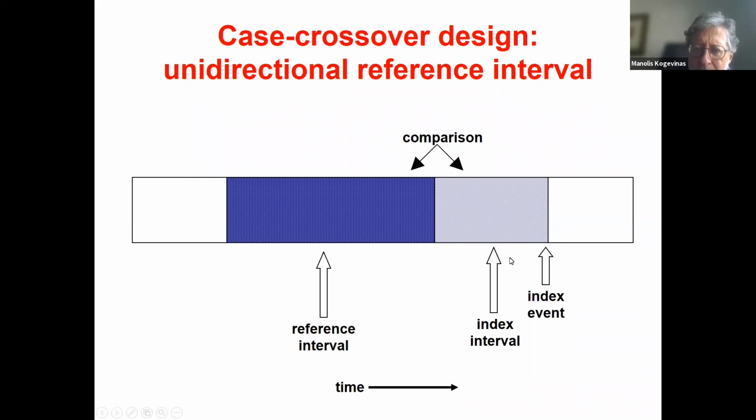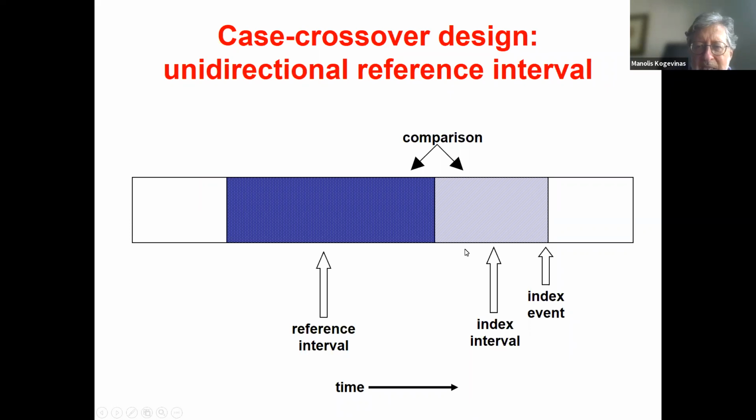And we compare with some kind of reference interval: what happened at the same time, but a week ago or 2 days before. Very clever design. So you get the index event, you compare what happened, what triggered the event, and then through registers, you also evaluate what happened a few days ago. You randomly select a reference interval.